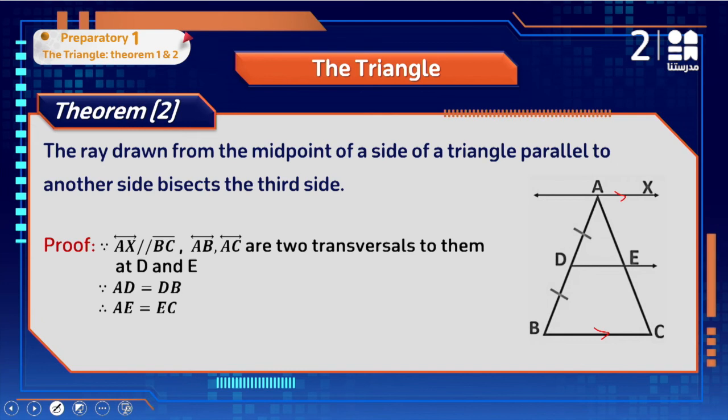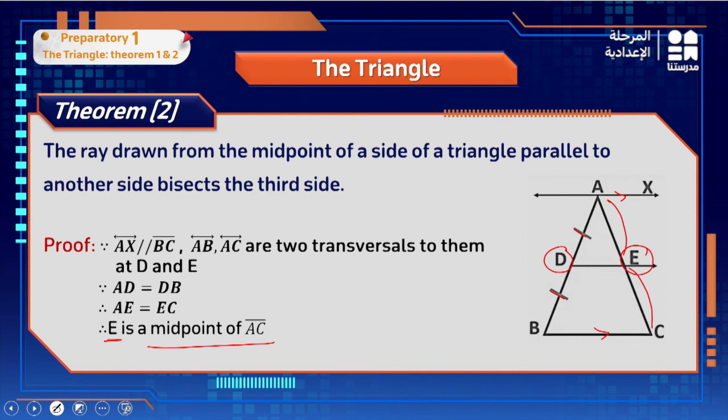Then, since AD is equal to DB, this one is equal to this one because D is given as a midpoint. Therefore, AE is equal to EC. If they are equal, that means E is a midpoint of AC. Therefore, E is a midpoint of AC. We proved it right now.